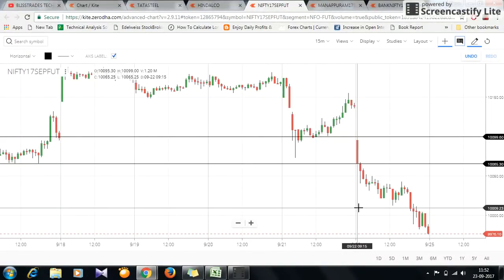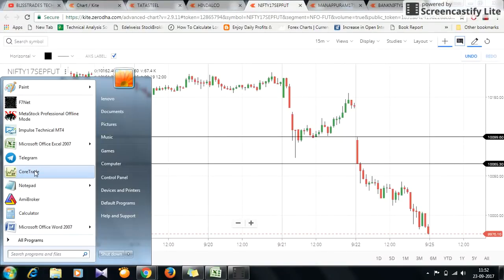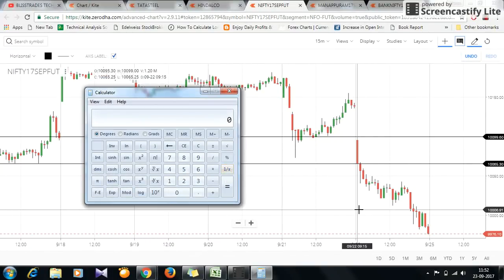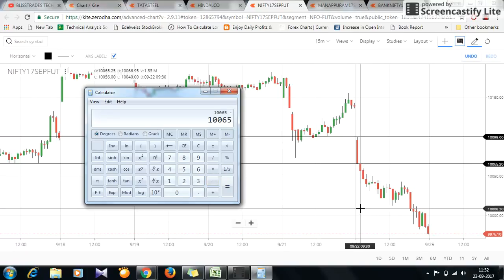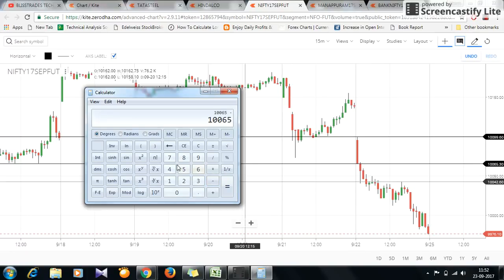The beauty of this strategy is even before getting into the trade, we would know what our risk is. So in this example of Nifty, if we calculate, my sell order would be at 10065 and my buy order would be at 10099, right?